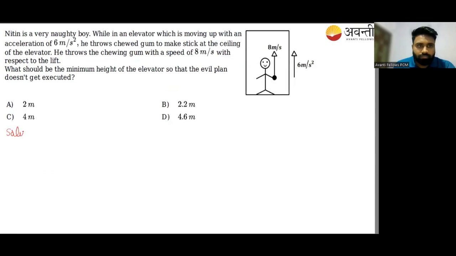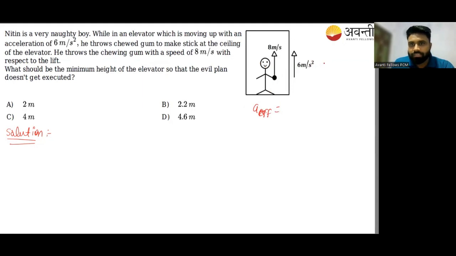Firstly, because we have to deal with the whole situation with respect to the lift, and the lift is not stationary over here, the lift is also moving with an acceleration of 6 meter per second square. So we need to find out what kind of acceleration this chewing gum is facing inside the lift. We need to calculate the A effective.